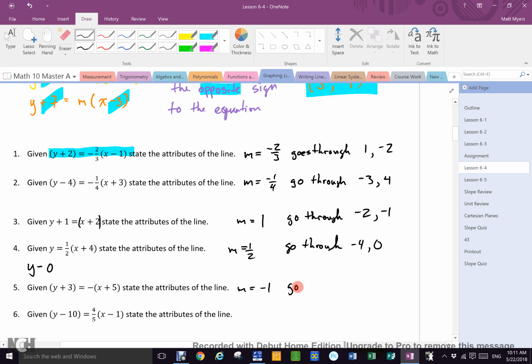Negative 1. What point does it go through? What's the slope in 6? What does it go through? 1 and 10. Can everybody do this?